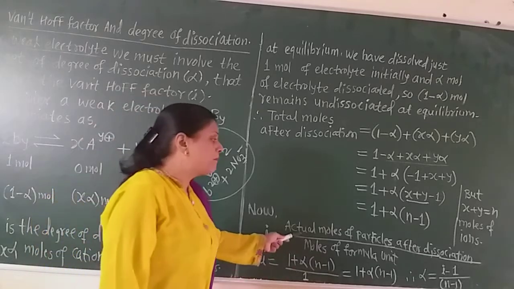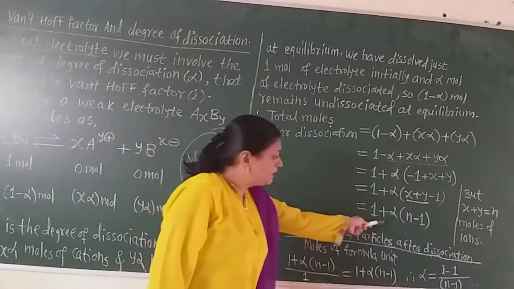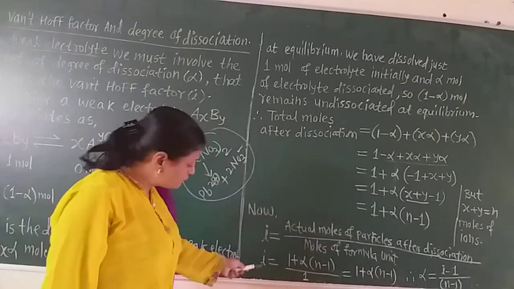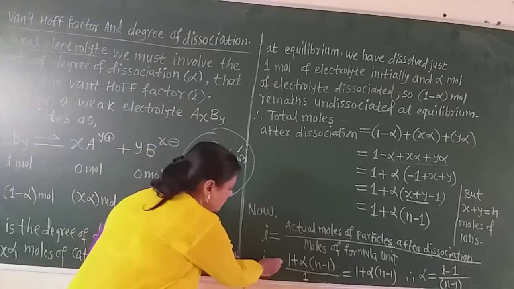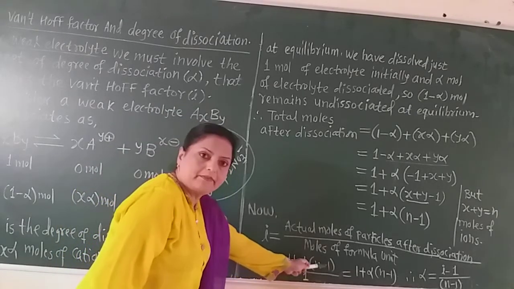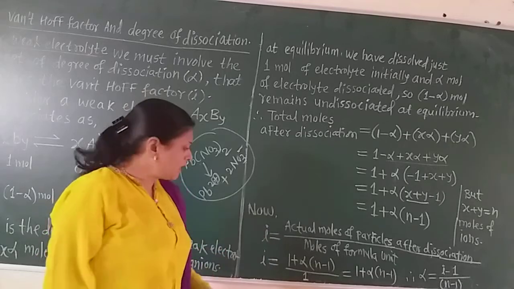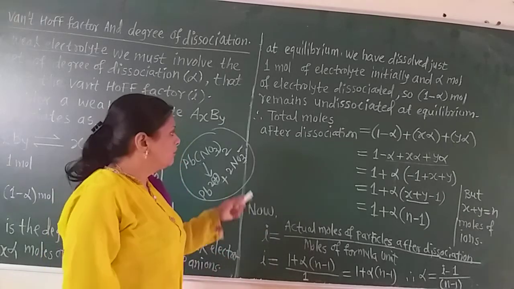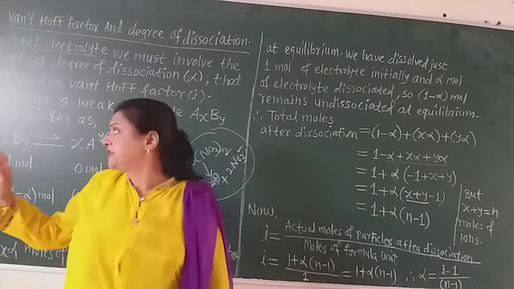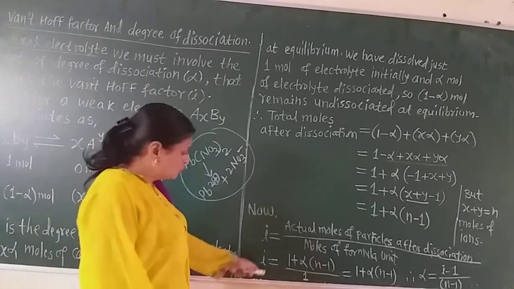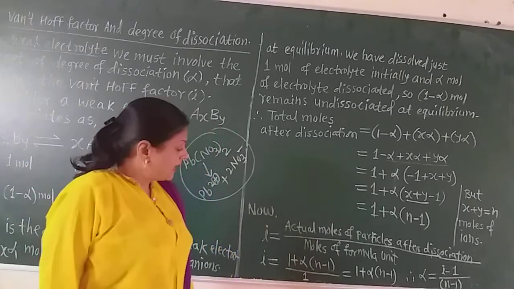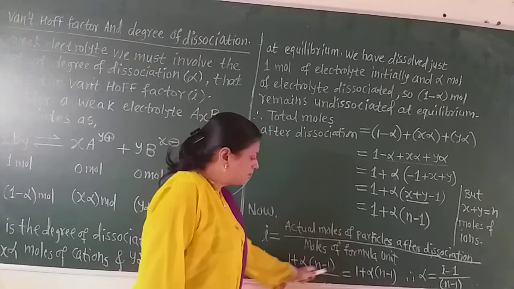Now the actual number of particles after dissociation is 1 plus alpha (n minus 1). The formula unit is only 1, so it is divided by 1.